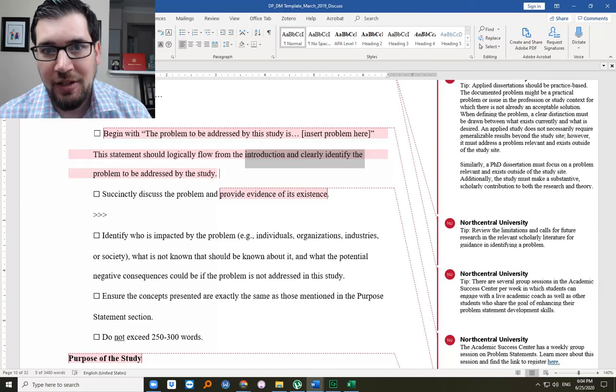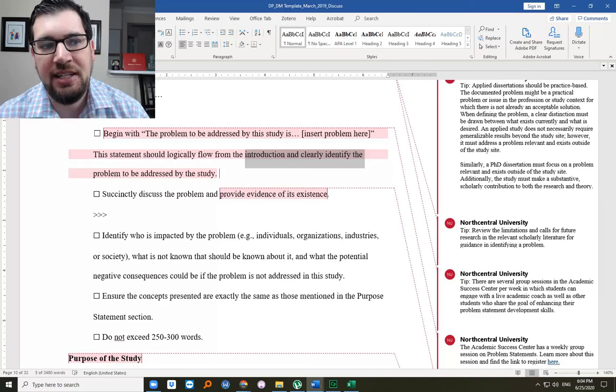No. For a dissertation, we want you to be proud of it, first of all. We want it to be complex enough as to show scholarly rigor and the fact that you are able to do a complex study, but it doesn't need to be overly complex.